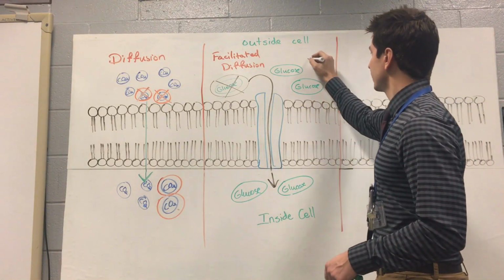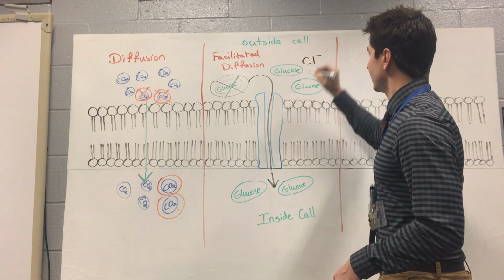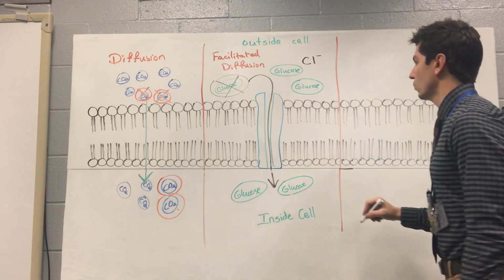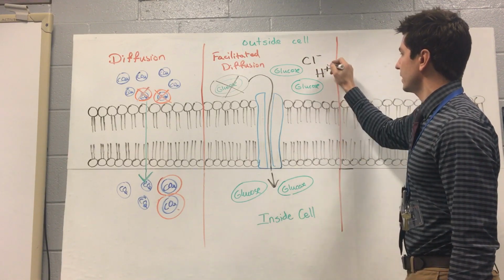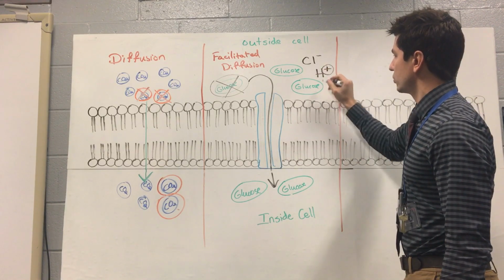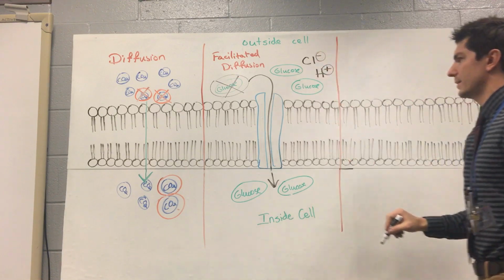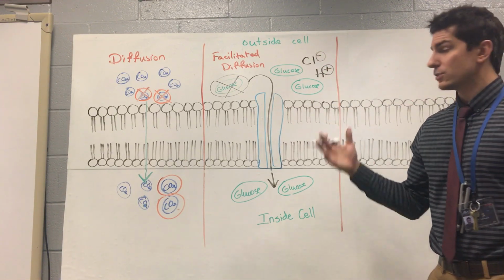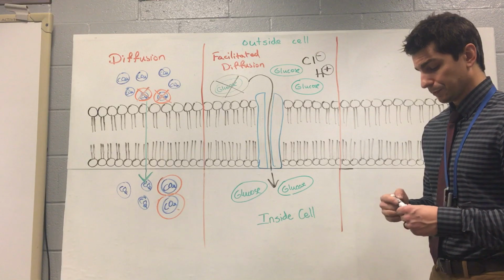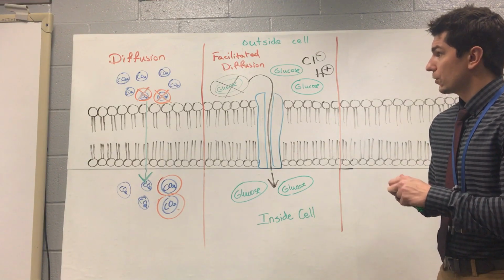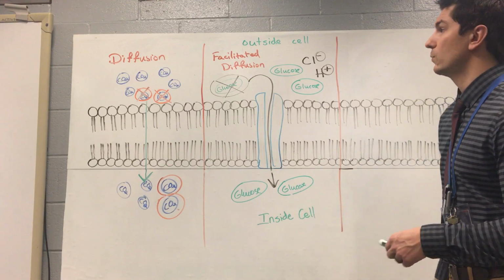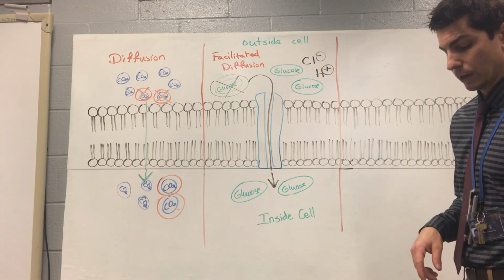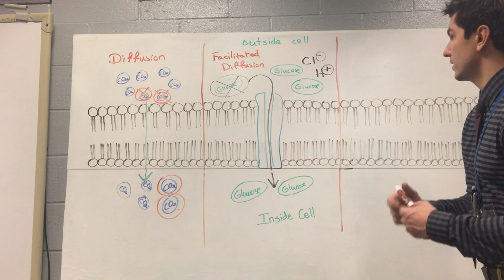They could be like chlorine with a negative sign, or maybe some hydrogens with a positive sign. So anything that's an ion or charged, with a little plus or minus there. That's a lot of what facilitated diffusion moves. All right, so those are both types of passive transport. We'll go over osmosis in another video, which is our last form of passive transport. But there's diffusion and facilitated diffusion.